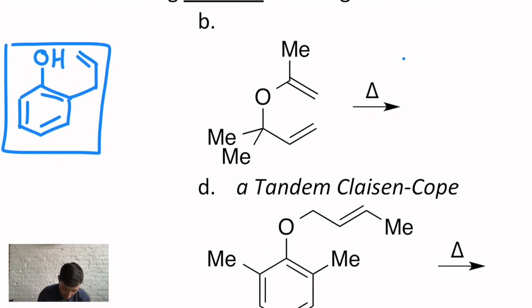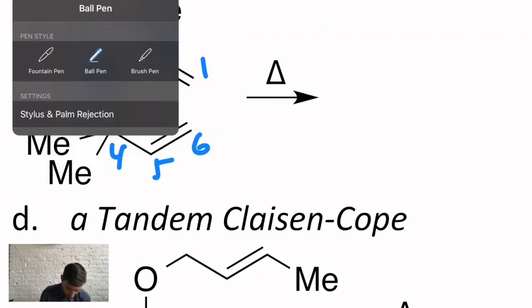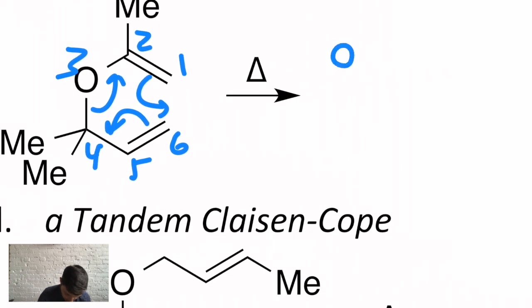Right next to it, we have a 6-membered chain. I'll number them. 1, 2, 3, 4, 5, and 6. We form a new bond between 1 and 6. We break the bond, 3 and 4. 5 and 6 rearrange. And my product, I'll draw everything the same and just change what's changed.